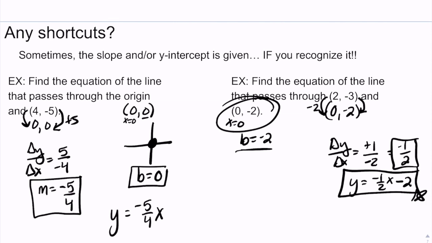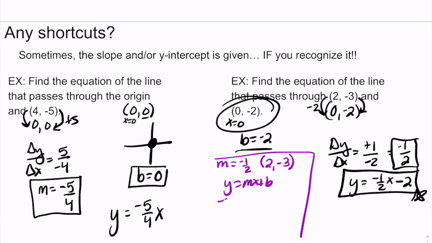Well, what if you didn't recognize that (0, negative 2) was your y-intercept? You know what? It's okay. Here would be an option. As soon as you figure out that your slope is negative 1/2, you could walk through those same steps that we did earlier. Maybe you really like the point (2, negative 3). Maybe you decide to use it. So y equals mx plus b.